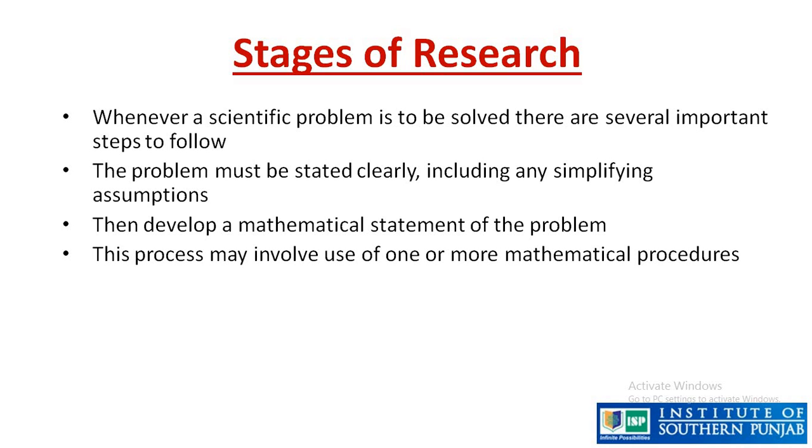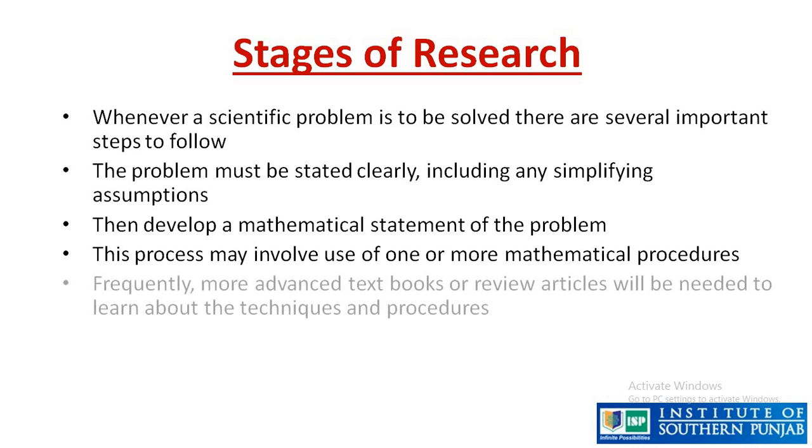This process may involve the use of one or more mathematical procedures. That is, your research may involve only one technique or a mixture of more than one technique to solve that problem.